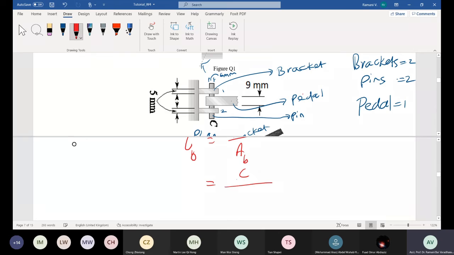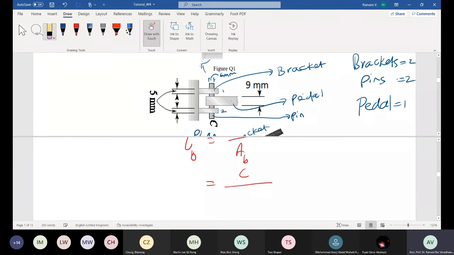We know that force is C. Area, how do you define the area? I don't know whether it's d or pi, so let me check first. Go to the bracket. How much is the diameter here? Check the diameter. Here.